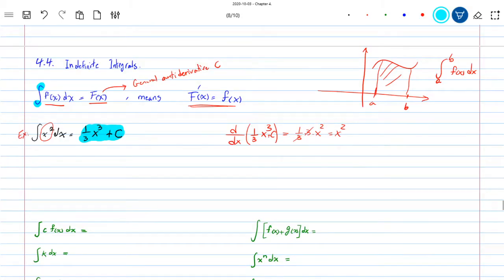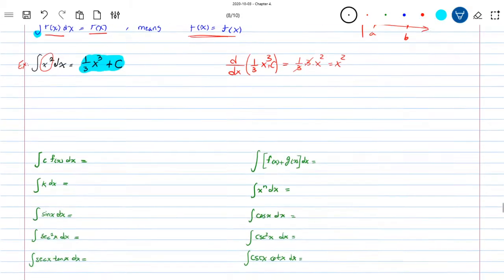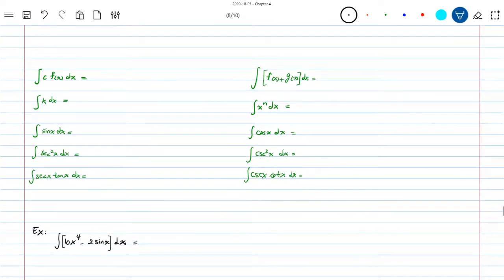There are certain properties that the indefinite integral has. We mentioned these properties. These are properties of the integral. If you have a constant multiplied by a function and you want to find the antiderivative or the integral of that, you can keep the constant outside, find the integral first, and multiply by the constant.